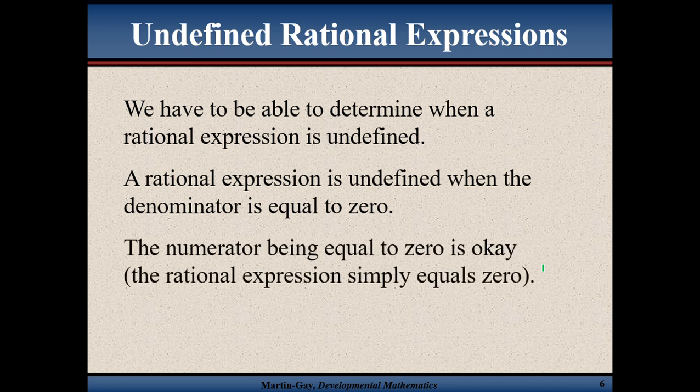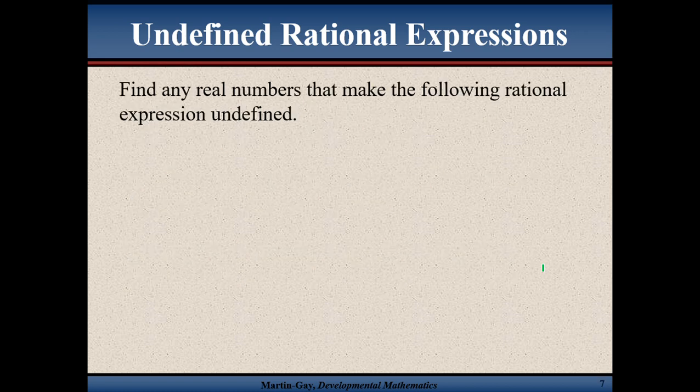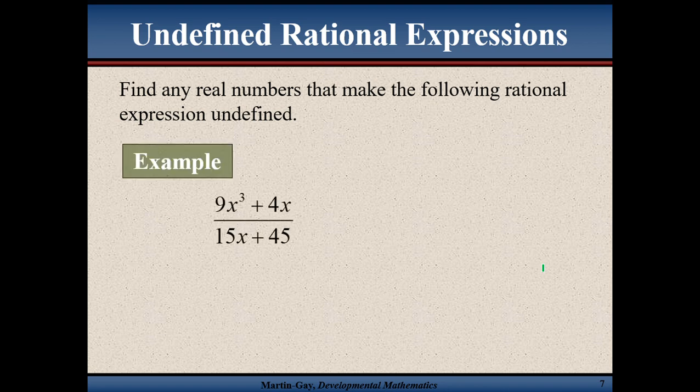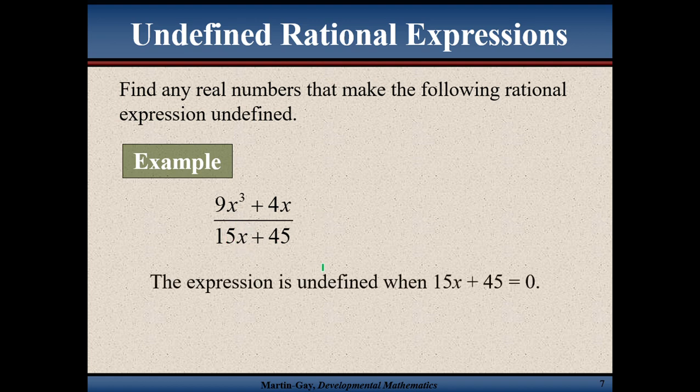The numerator being equal to 0 is okay, kasi the rational expression simply equals 0. Now, find any real numbers that make the following rational expression undefined. Example: 9x cubed plus 4x all over 15x plus 45. The expression is undefined when 15x plus 45 is 0.